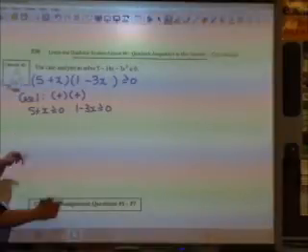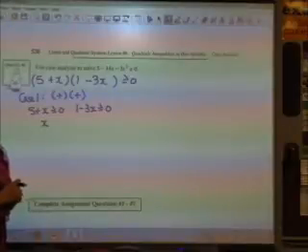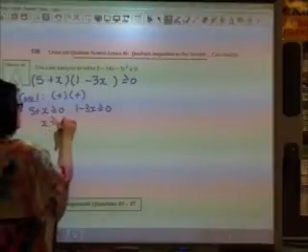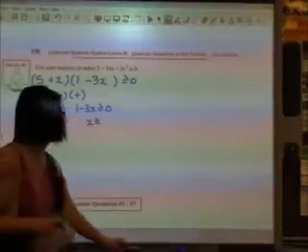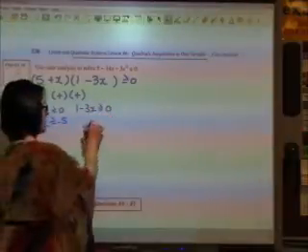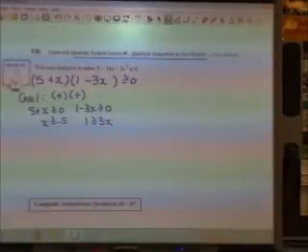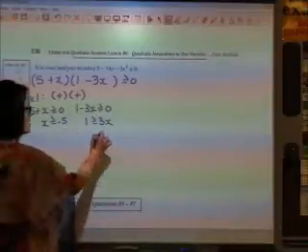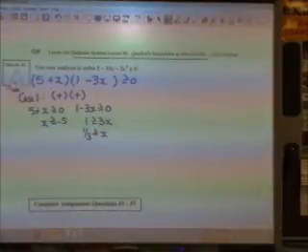So then I get x is greater than or equal to -5. And for this one here, because this is a minus 3x, I'm going to put it to the other side of the equation, because then I don't have to think about that rule where I have to reverse the inequality. I keep my x positive. Then divide by 3. And I get that x has to be less than or equal to 1/3.